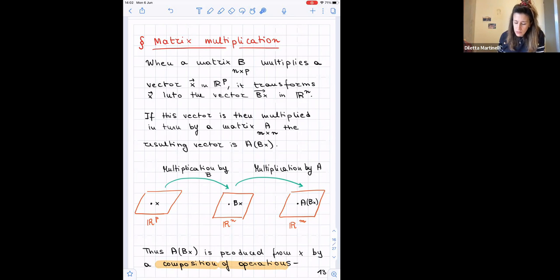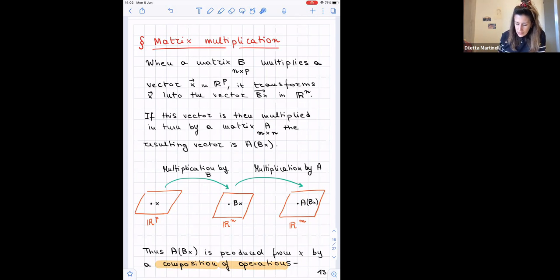This time, we start from a vector in R^n and we multiply by A, our matrix of size n times n. We get back a vector that is the matrix A applied to the vector Bx, in R^n.